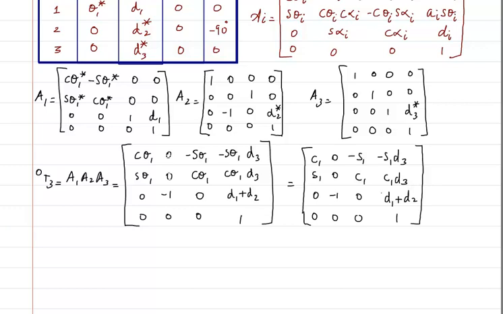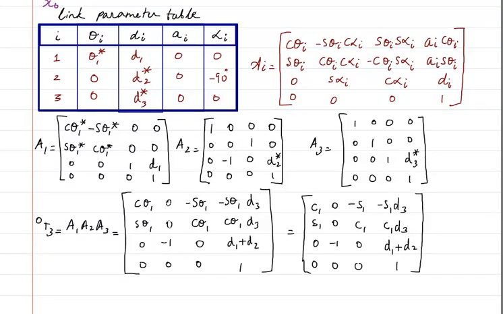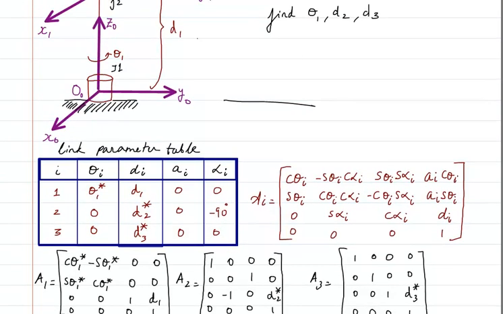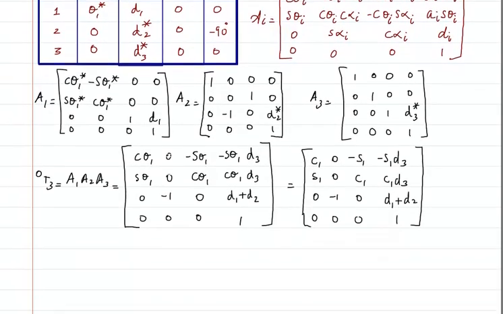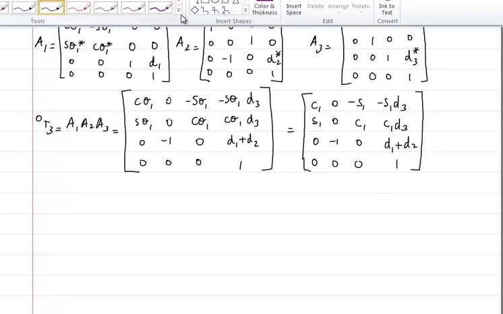Always remember d1 is the length, which is already given when the question is given to you. So d1 is already known. What is required is theta 1, d2, d3. So now we can try to solve here to find out the value of theta 1. How do we do that? We do that by equating.